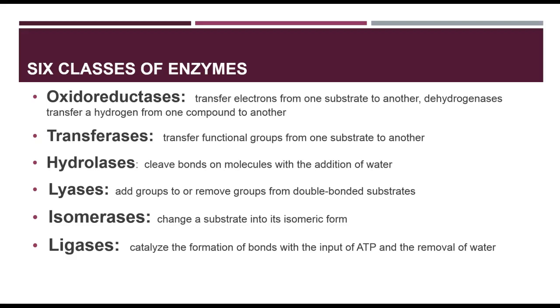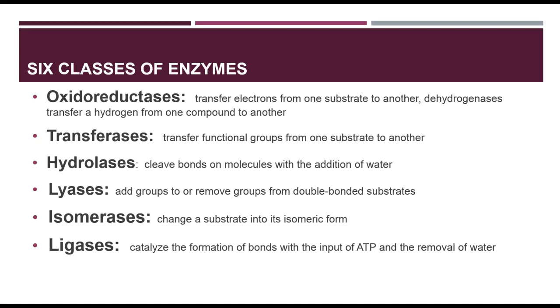We have lyases. These are enzymes that add groups to or remove groups from double bonded substrates. Isomerases are enzymes that change a substrate into its isomeric form. And finally, ligases.